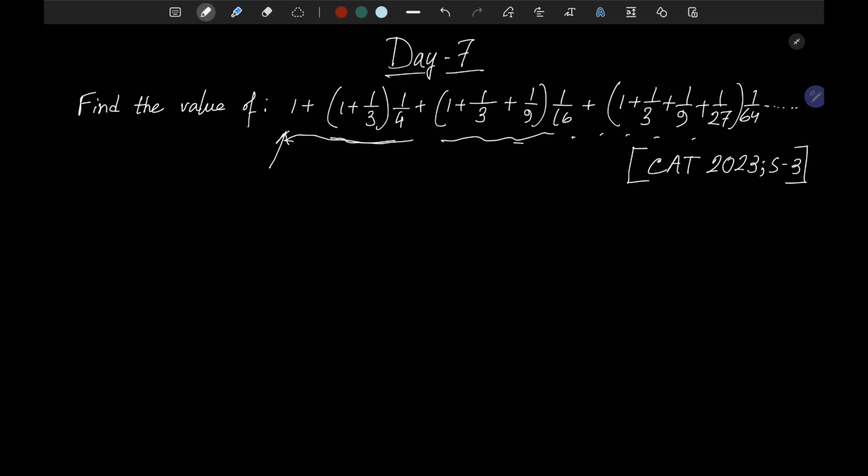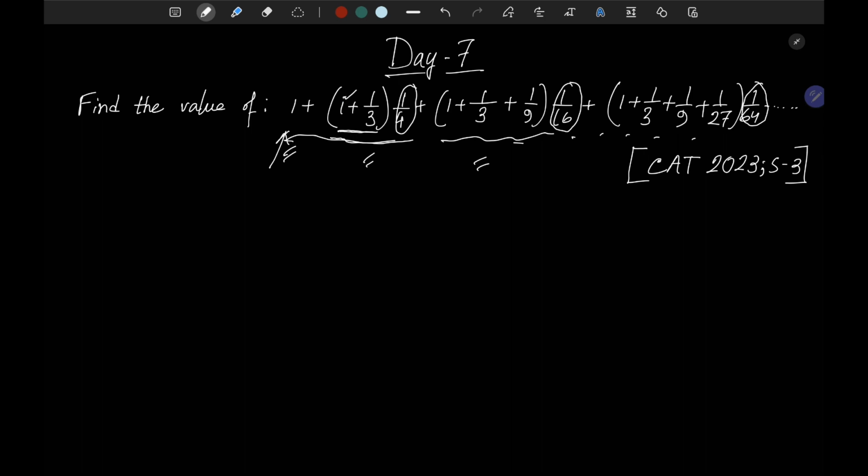Before starting to solve this question, let's observe the series a bit. What you can see from the terms is that there is a repeating part of the series which progresses with a power of 4, and multiplied with it is a sum part, which is a GP series where the common ratio is 1 by 3 and the first term is 1.